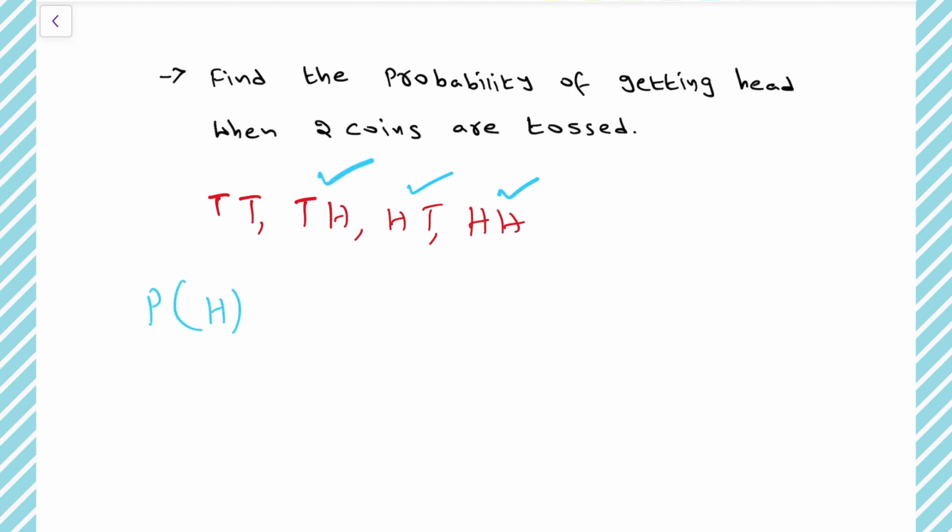Probability of getting head is equal to number of favorable outcomes divided by total outcomes. Here the favorable outcomes are 1, 2, 3, so 3 in number, divided by total 1, 2, 3, 4. Total number of outcomes is 4. So the probability of getting a head is 3 by 4.